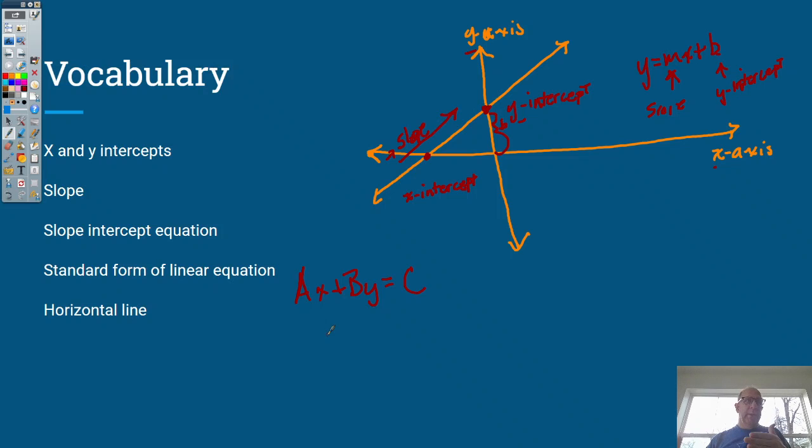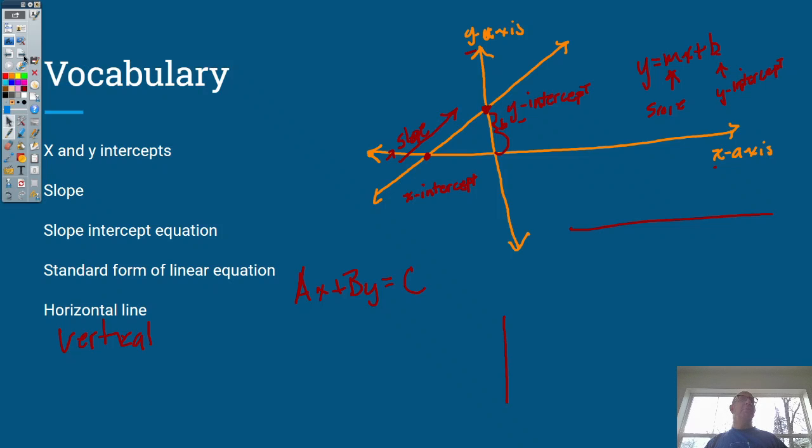It's like me when I'm wearing a t-shirt and me when I'm wearing a suit and tie. They're both the same thing, they just look a little different. And then horizontal and vertical lines we should know. A horizontal line is the x-axis or anything that goes straight across. And a vertical line is the y-axis or anything that goes straight up and down.